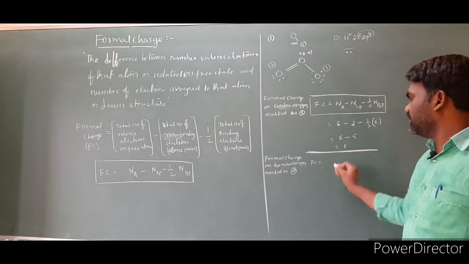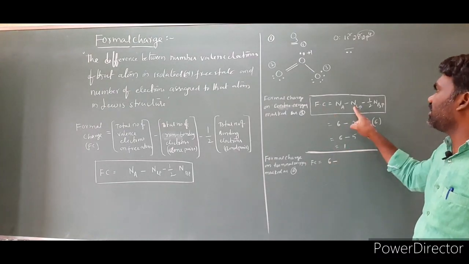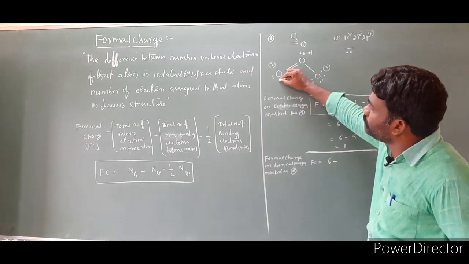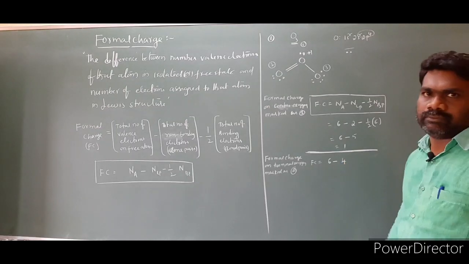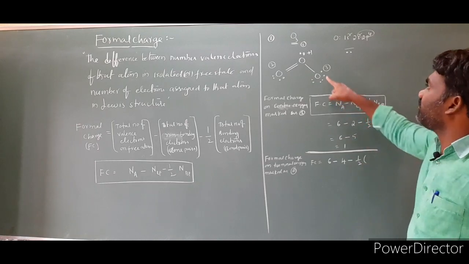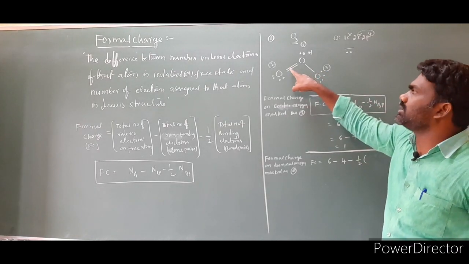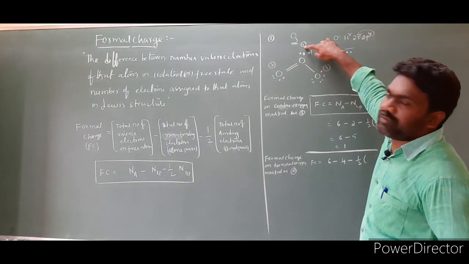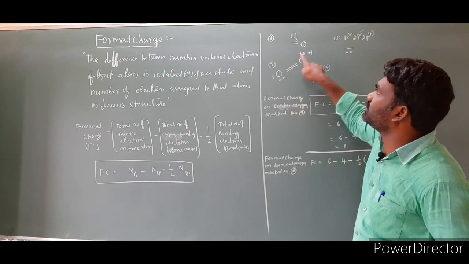Then in the second case, 6 minus the number of electrons on the lone pairs. This oxygen, how many lone pairs? 1, 2, 3, 4, so the total number of lone pair electrons is 4. Minus half into the number of bond pair electrons. 2 bonds, 1, 2. We have to take only these 2, because the other one is between the first oxygen and third oxygen. These 2 bonds are between the second oxygen and first oxygen.